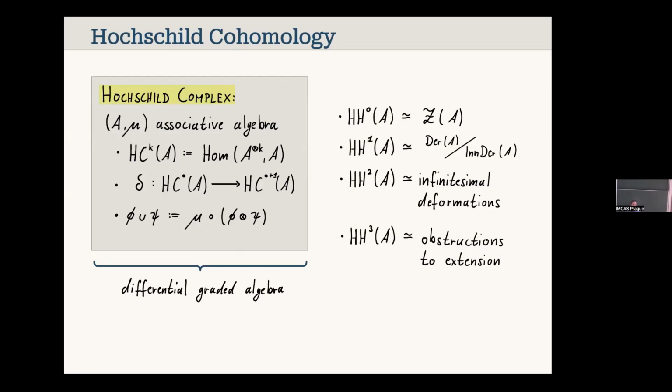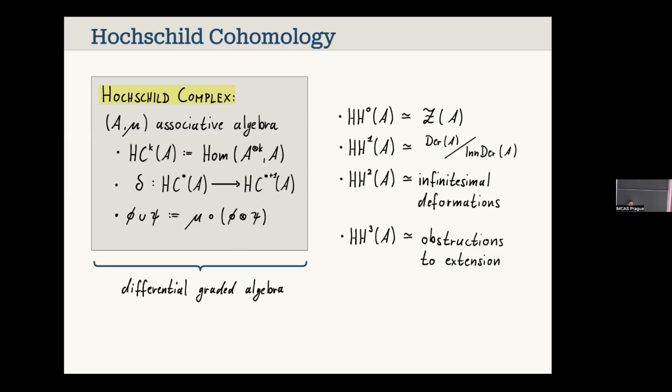The problem is now, if we have an infinitesimal deformation, can we actually extend it? Can we, for example, extend it to a deformation where we have associativity up to order 2? And can we extend this one to a deformation up to order 3? Can we extend it in the end to a full formal deformation, which is really associative in all orders? Obstructions to this problem you can find in the third Hochschild cohomology.